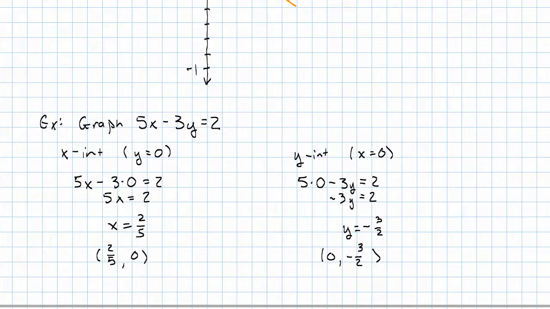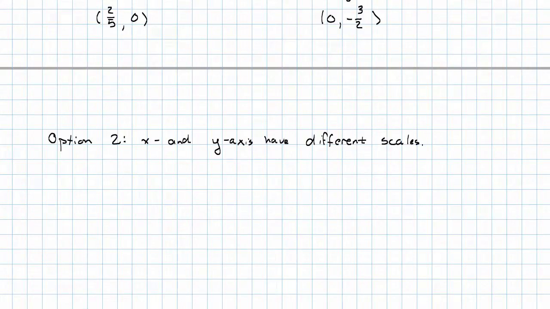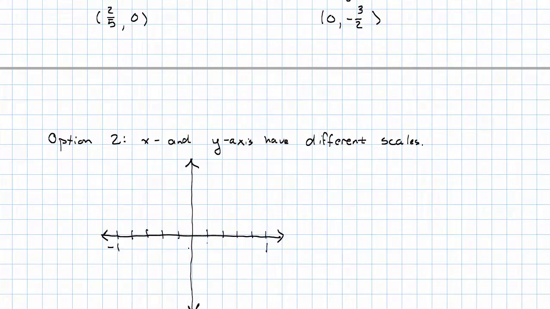So my second option is to just draw an x-axis that shows fifths and a y-axis that shows thirds. I want my x-axis to show 2/5 and my y-axis to show negative 2/3. I'm just going to draw my x-axis so that it takes 5 boxes to make up a unit, and my y-axis so that it takes 3 boxes to make a unit.